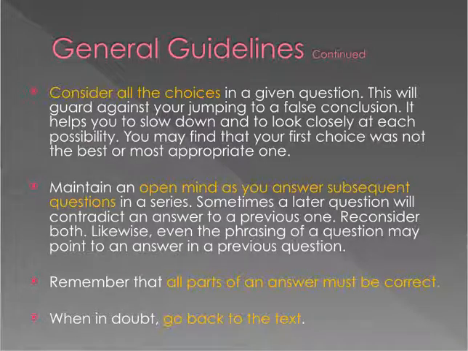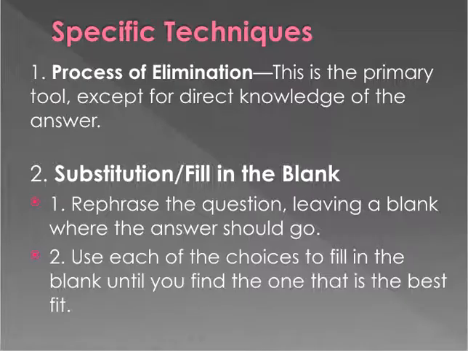Some other little advice, general guidelines: consider all the answer choices. Keep an open mind as you answer questions that go in a series. All parts of the answer have to be correct, and then always go back to the text or the reading to help you make a choice. So I like process of elimination as a tool that I use, where I knock out the ones that I'm pretty sure aren't correct, and then I can choose between the ones that are left over.